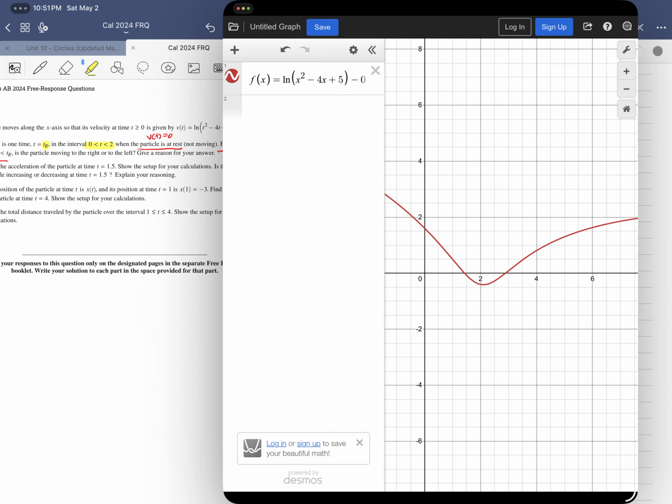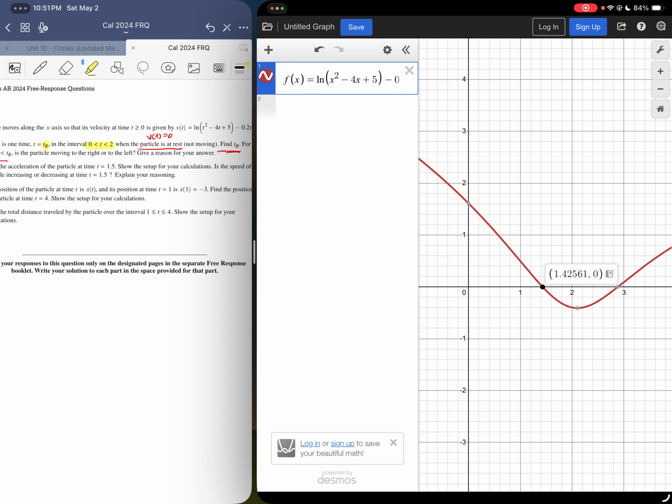If you look at the graph from 0 to here, do you see it is on the positive side? Which means the particle is moving to the right because it's positive. If it was negative like this, it's moving to the left.